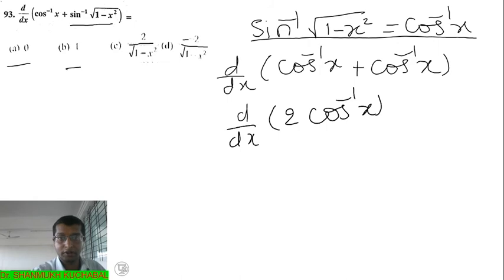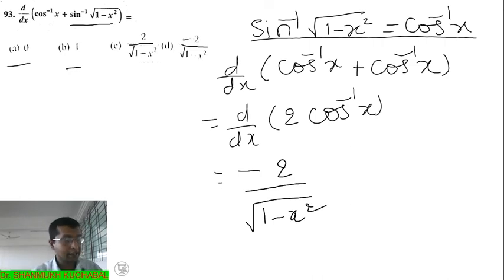The differentiation of this is 2 as it is, and the cos inverse x differentiation is minus 1 divided by the square root of 1 minus x square. Therefore option D is the right answer.